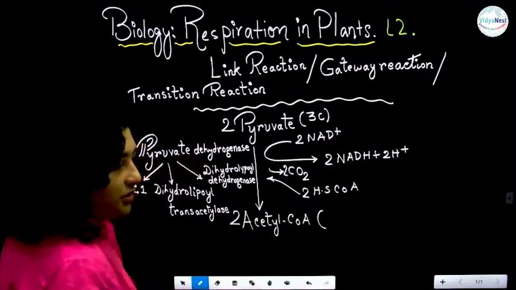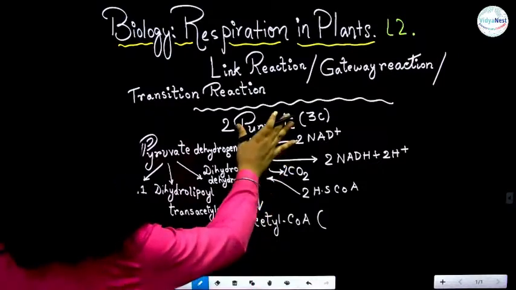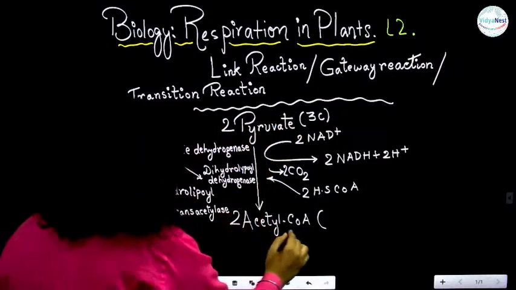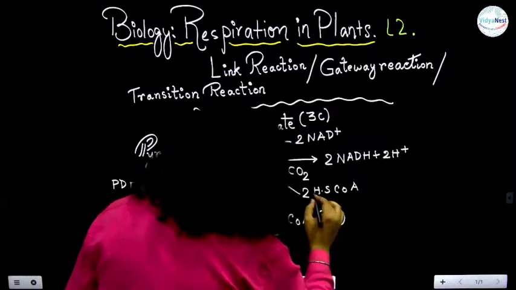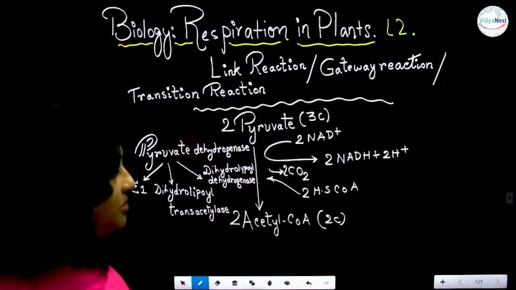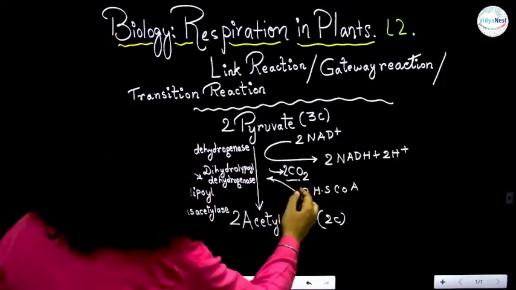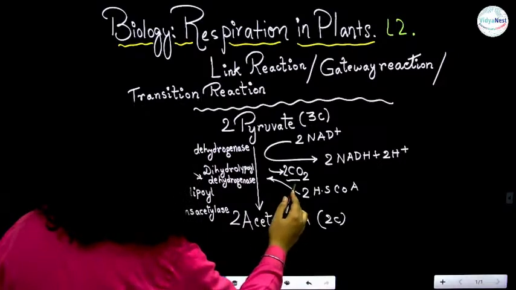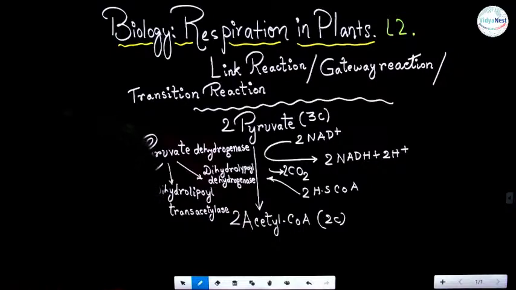Each of them will have 2 carbon. Pyruvate has 3 carbons, and here it will have 2 carbons, because 1 carbon is lost from each molecule of pyruvate. Understood? Yes, sir.